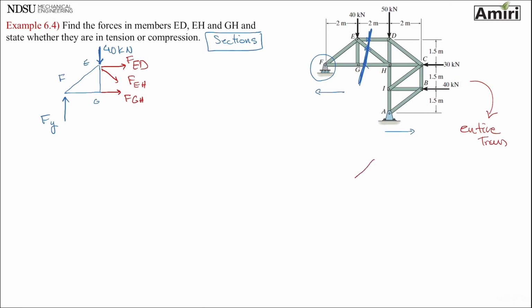Outline. I don't need to draw all the members and all the details, so just a rough outline, the best you can. Okay, that's the outline. Active forces, which I have plenty: I have a 40 here, a 50 here, a 30 here, and a 40 here.